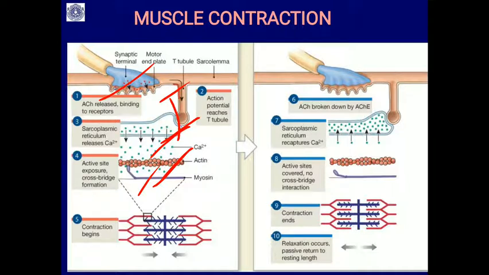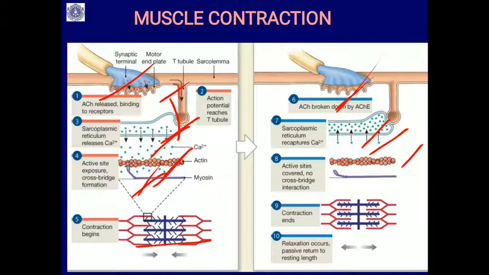So, the repeated power stroke reactions of the cross bridge make the sarcomere contract, and that is the shortening, that is what contraction. When the neuronal stimulus is released, or else there is no more neurotransmitter, immediately the sarcoplasmic reticulum removes all the calcium present in the sarcoplasm and it gets collected inside the reticulum.